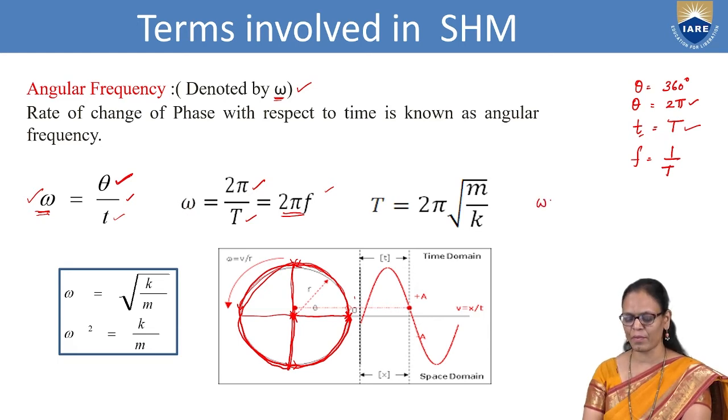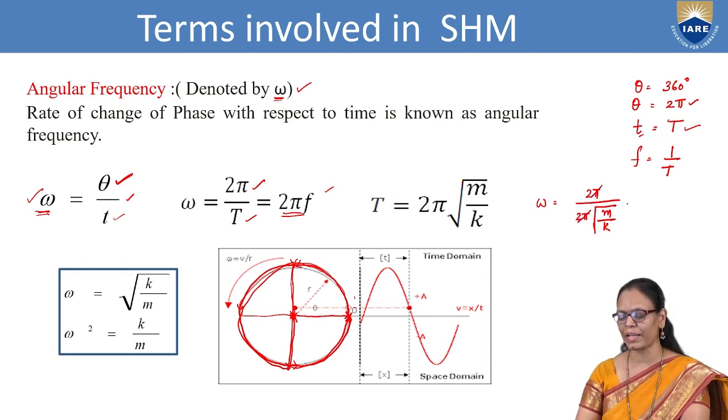Since omega is equal to 2 pi by T, and what is our T? 2 pi under root m by k. So, 2 pi and 2 pi will get cancelled. So, this under root m by k, if it goes to the numerator, it will become under root k by m. So, omega is equal to under root k by m, or omega square is equal to k by m.